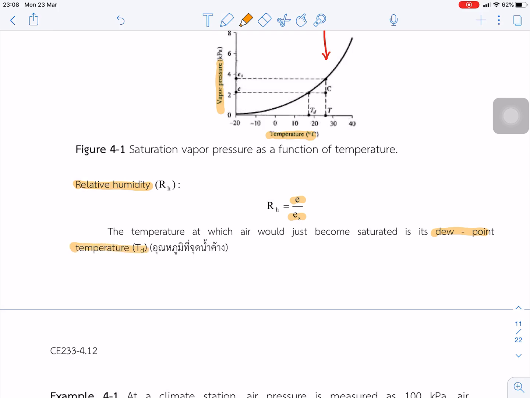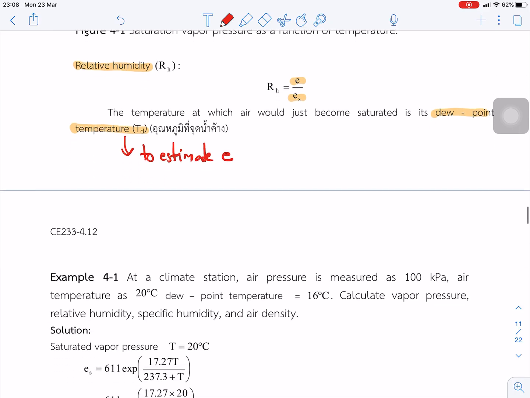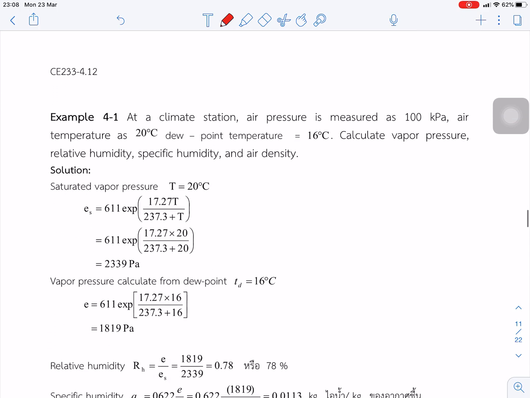Next, an example of how to use the climatic data to estimate the vapor pressure, relative humidity, specific humidity, and air density.